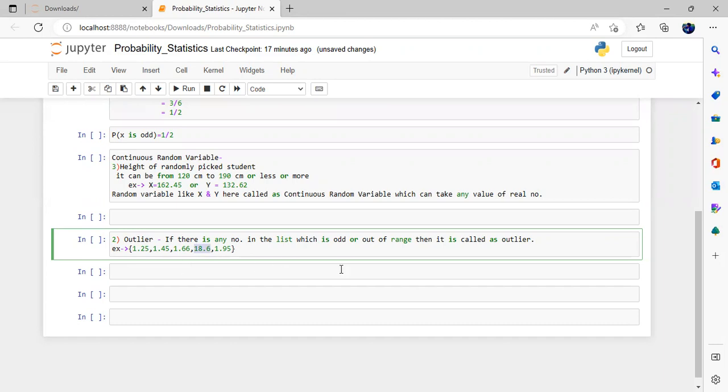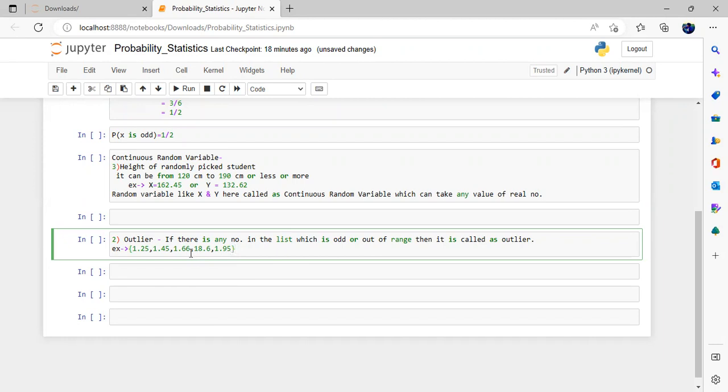Every value is around 1 point something, very small, but 18.6 is a very big value, which can harm your data. If you take the mean of all the values, the mean may vary, because every value is 1 plus 1 plus 1 and directly 18 comes in. So your accuracy can vary.